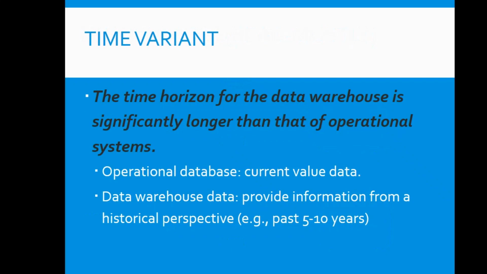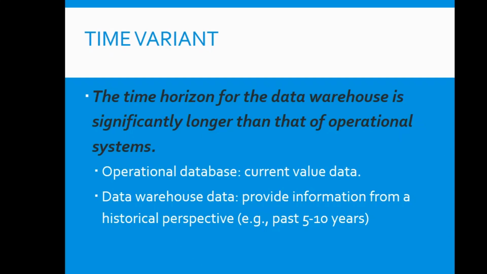Lastly, time variant. The time horizon for the data warehouse is significantly longer than that of operational systems. As I told you already, it is over a period of 5 years or 10 years, and the minimum is normally 3 years. Operational databases hold current value data.